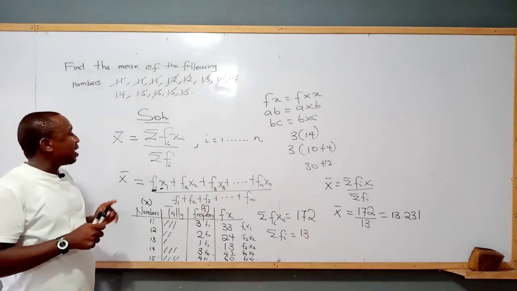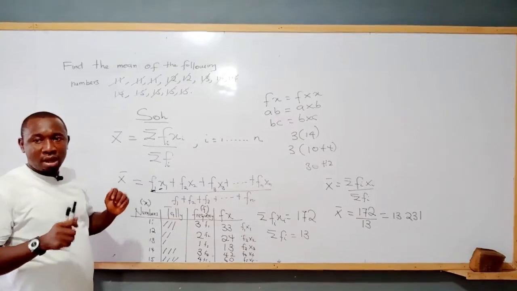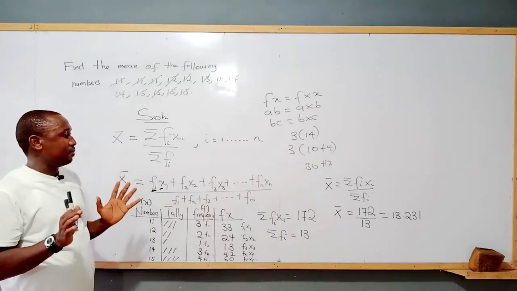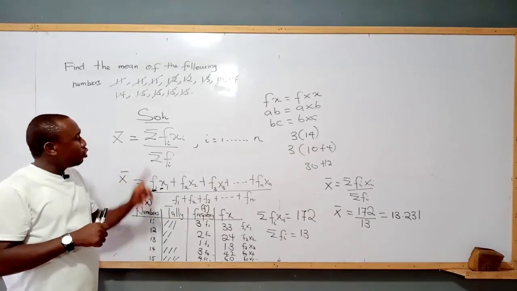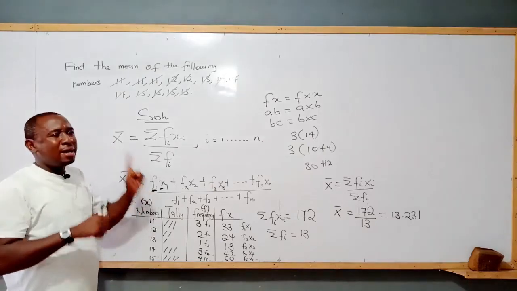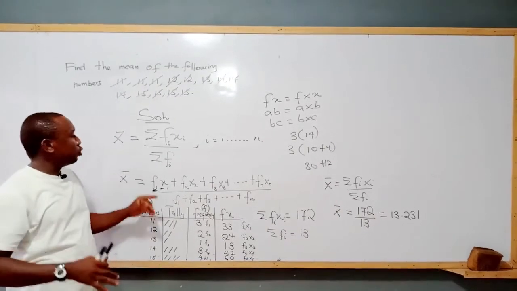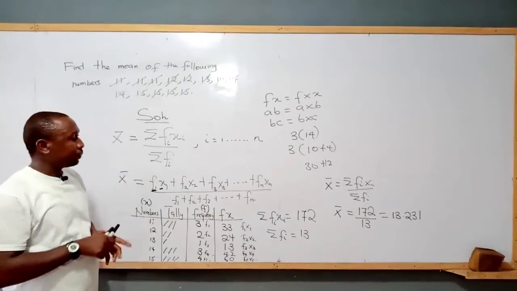Let's quickly try the first formula and see, and you will see that the answer should be the same. But I'm saying we should use this formula because when the data set is too large, you cannot use the other formula.